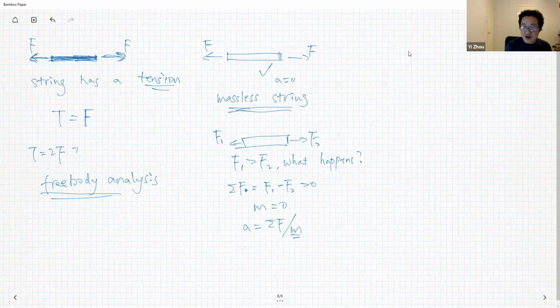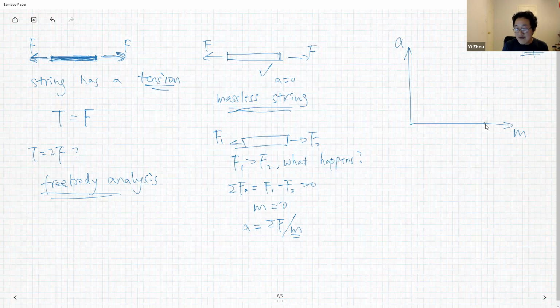Let's draw a curve of acceleration to mass with a constant F, which means we have a constant force acting on an object.